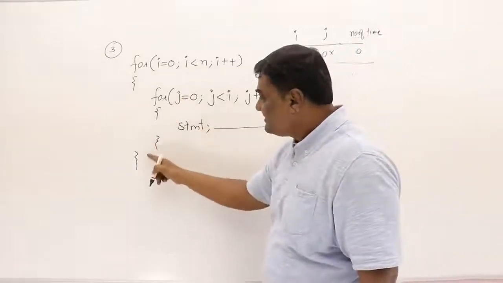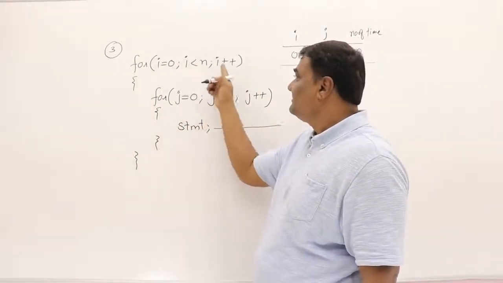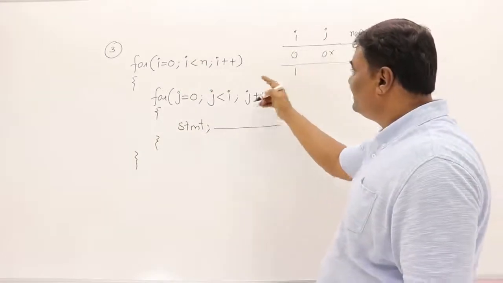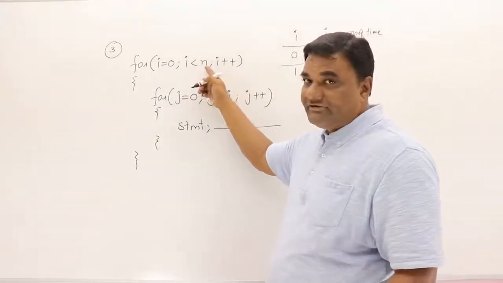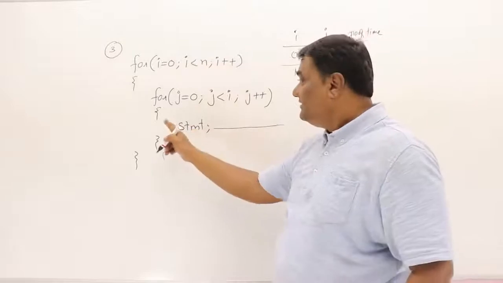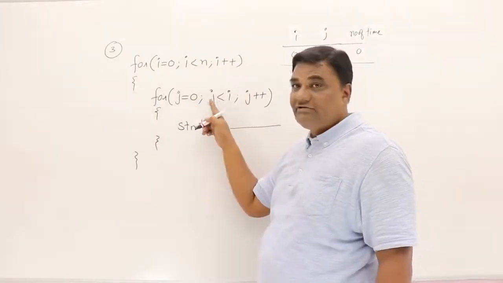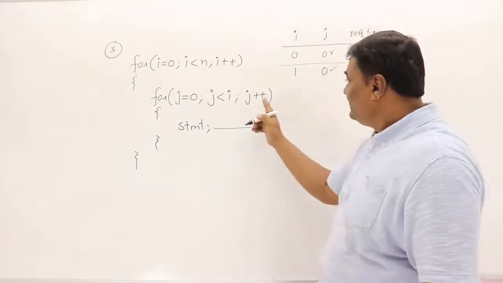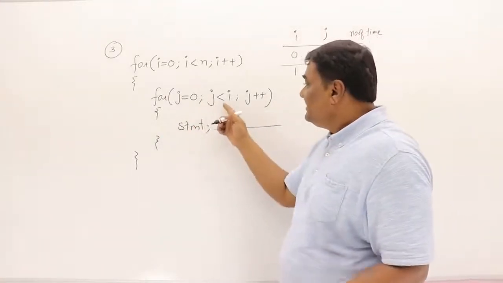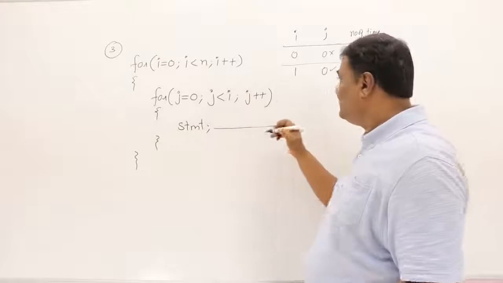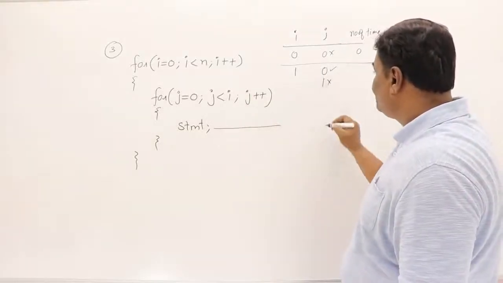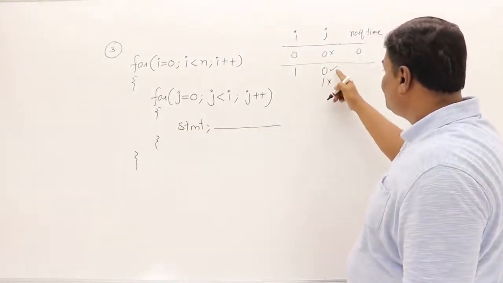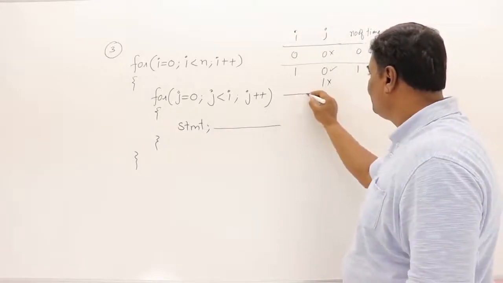Then this loop ends again. i plus plus, i becomes 1. i is less than n, suppose, so it enters inside. Then again this loop, j is 0. 0 is less than i? Yes, for 0 it will execute. Then j plus plus, j is 1. 1 is not less than i, so for 1 it will not execute. So how many times has it executed? 1 time.